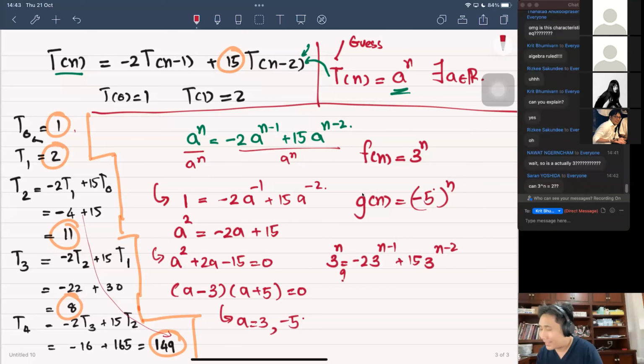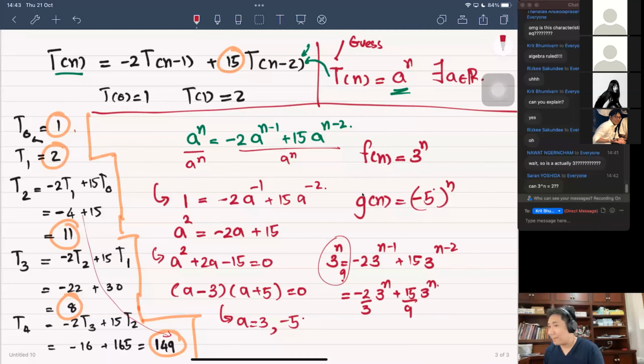I claim that the right-hand side and the left-hand side are equal. So let's do the right-hand side. We hope that it's going to cancel out to 3 to the n. So you have minus 2/3 times 3 to the n, plus 15 over 9 times 3 to the n.